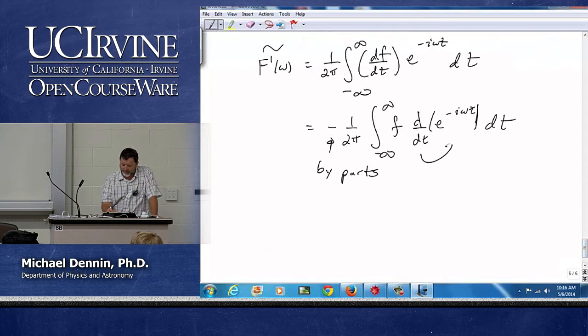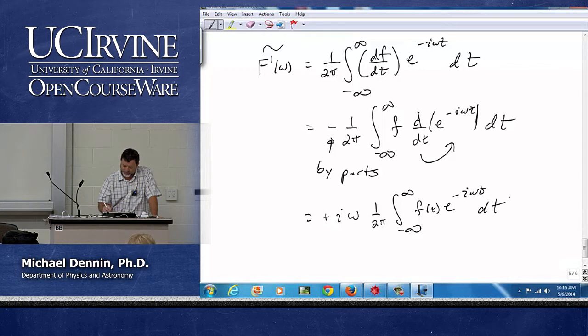And now I can take the actual derivative, and I'm going to get a plus i omega, because omega is a constant as far as the integral is concerned, 1 over 2 pi, the integral from minus infinity to infinity of f of t e to the minus i omega t dt.